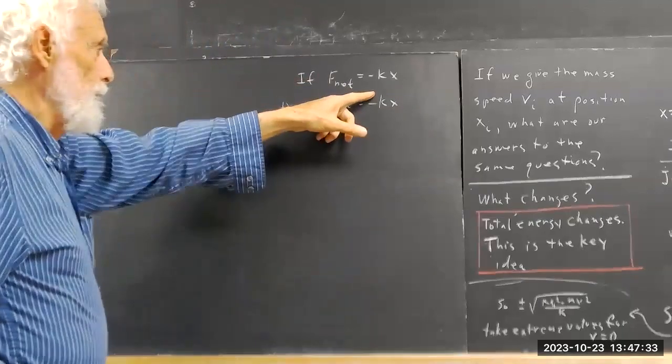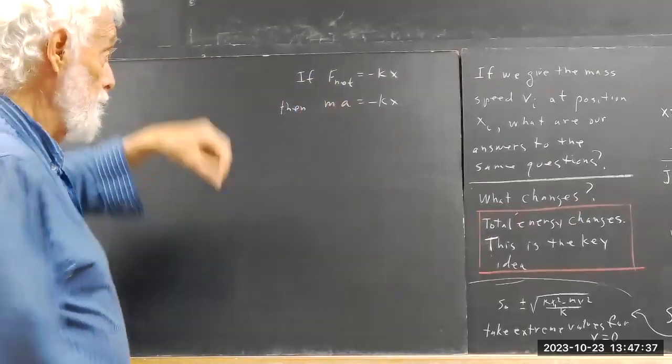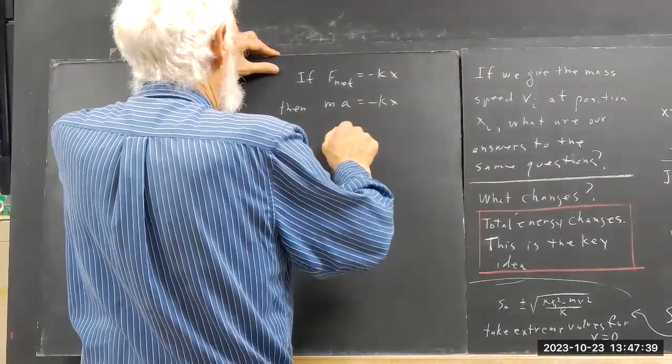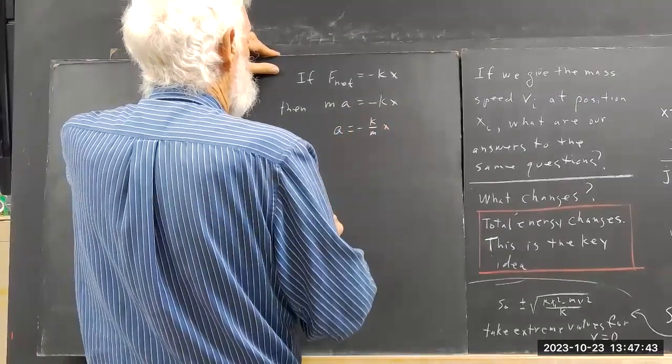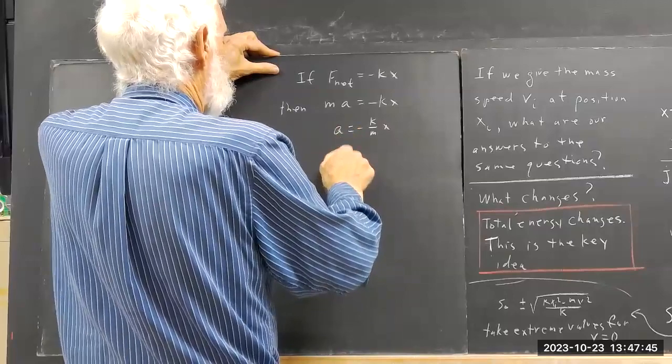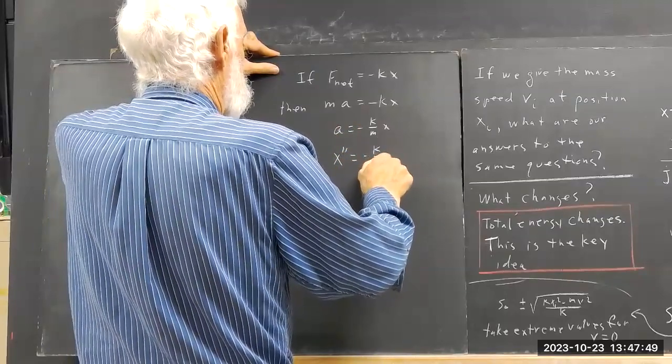F net is equal to negative kx. Well, F net is equal to ma, so ma is equal to negative kx. Then a equals negative k over m times x. But of course, a is just the second derivative of x with respect to time.